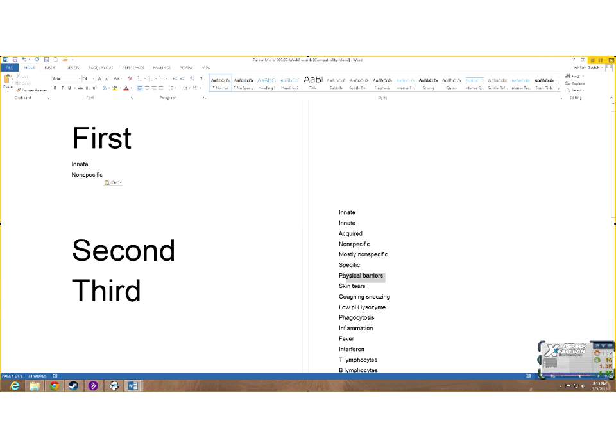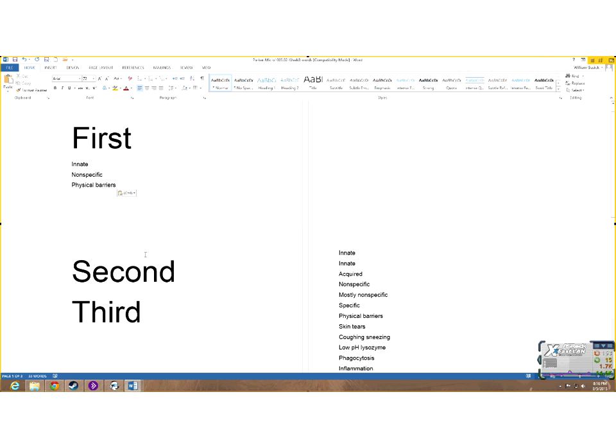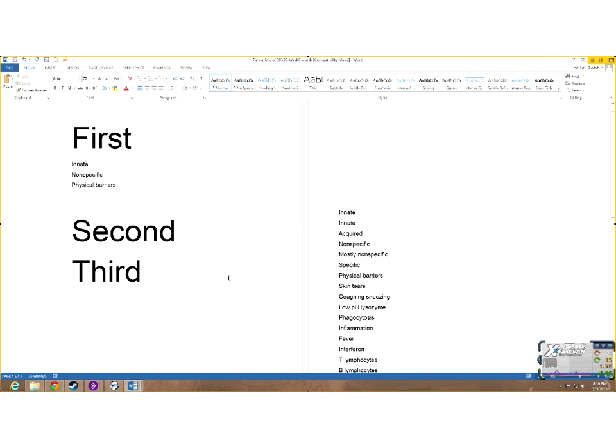Fever does not belong on the first level. What else? There's a lot there.